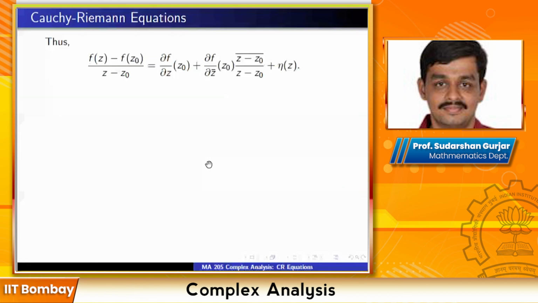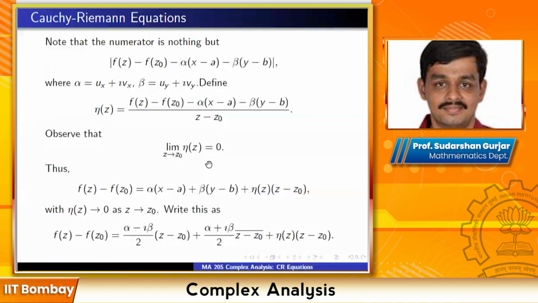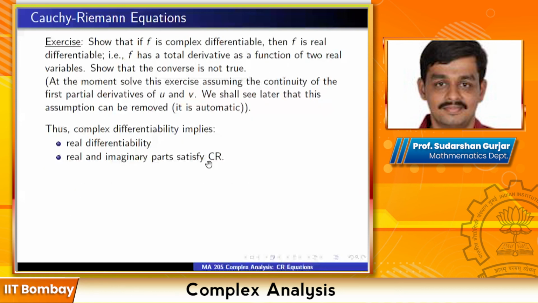Excuse me, sir. This limit of eta z tends to 0 comes from the definition you just provided there? Are we not proving this, or the line after 'observe that'? Yes, that is just a consequence of this limit being 0.